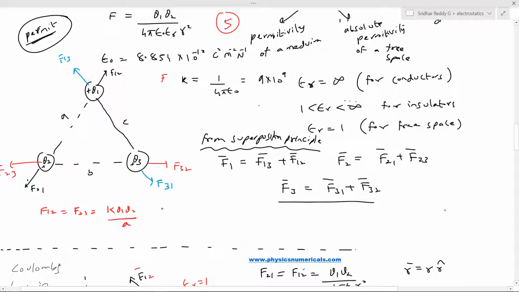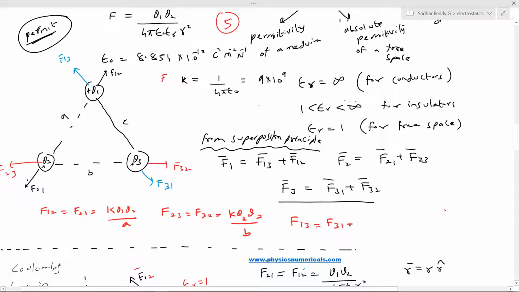Okay, Q1, Q2. What about F? Similarly, F31 is needed, no?